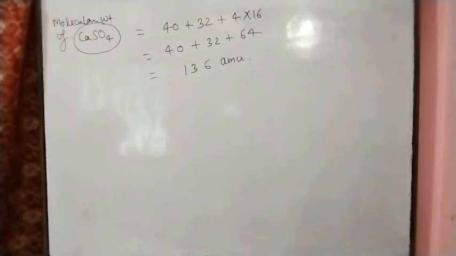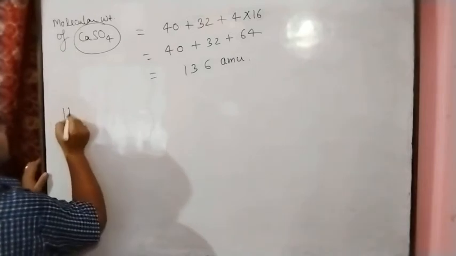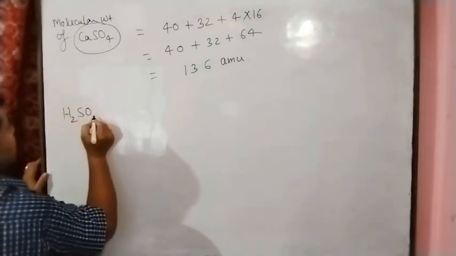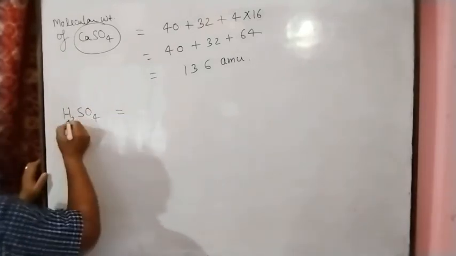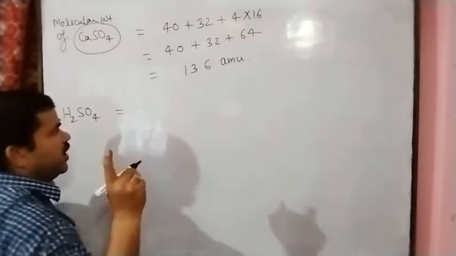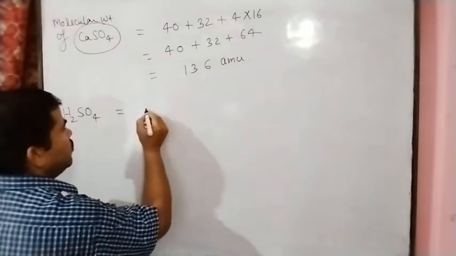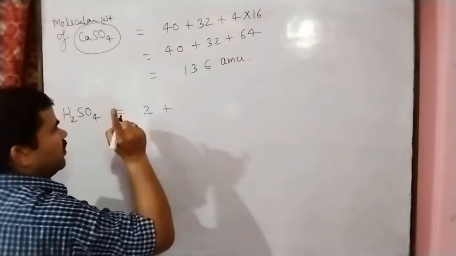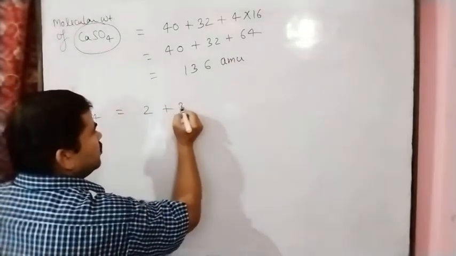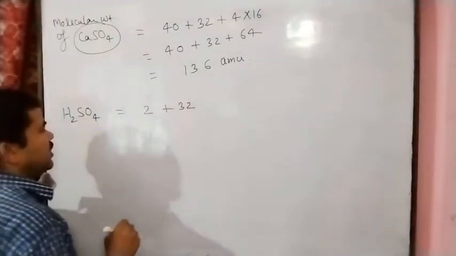By this we can determine. And after this, H2SO4, the molecular weight of H2SO4 we can get. Here 2 atoms of hydrogen, one atom of hydrogen mass 1, so 2. Then sulfur, only 1 atom, means 32.